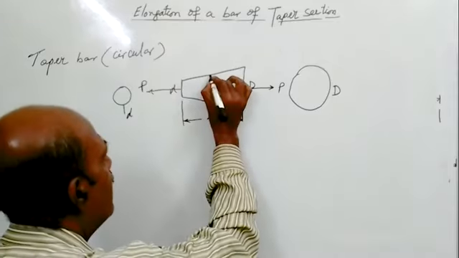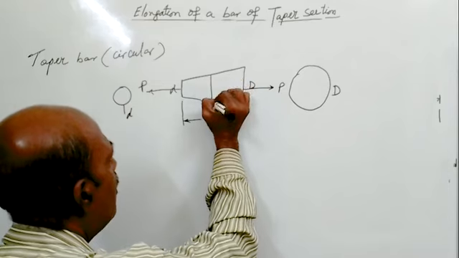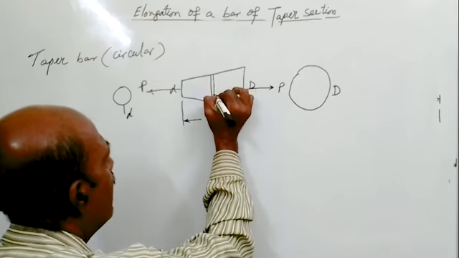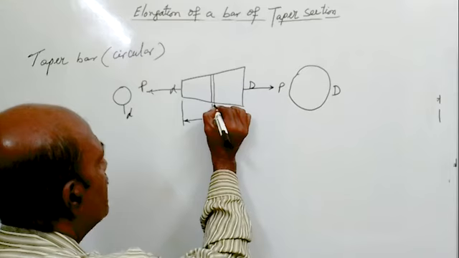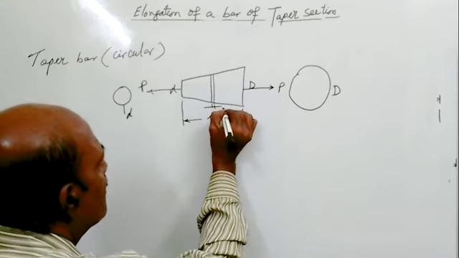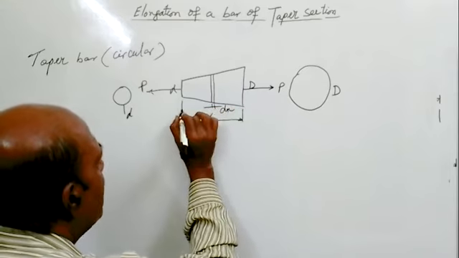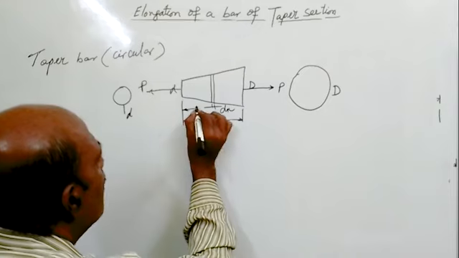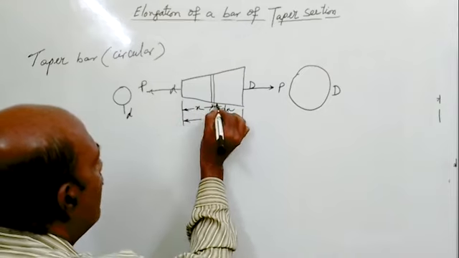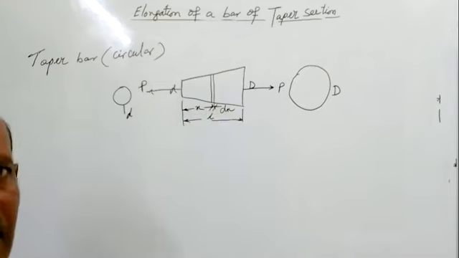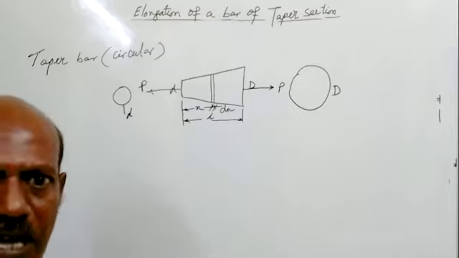Now consider a small elemental area of dx thickness at a distance x from the left end or smaller end.